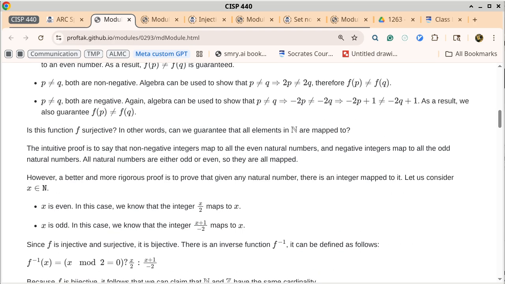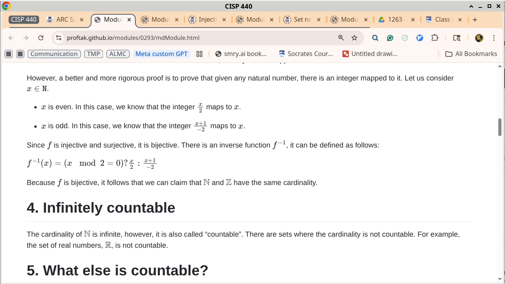One way to do that is to simply look at an inverse function. So this is the inverse function of the f that we looked at earlier. In this case, x is a natural number, and we are going back to see which integer corresponds to this x, which is a natural number.